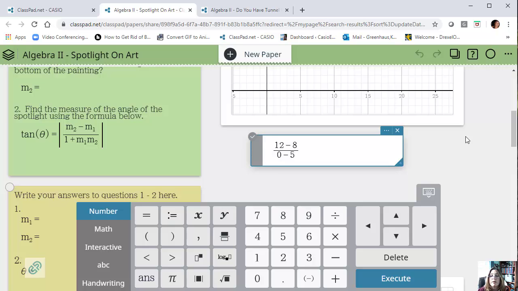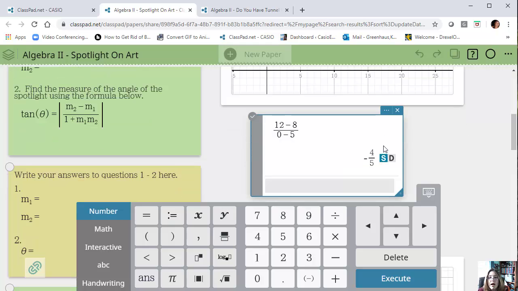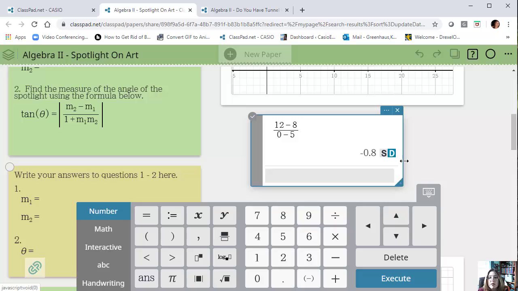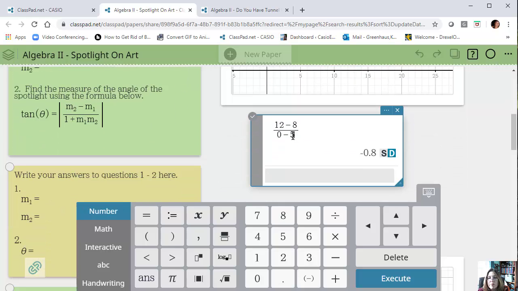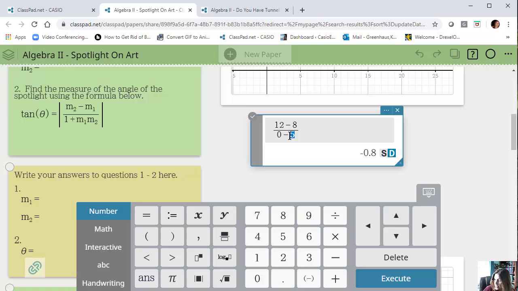When I hit execute or enter, I get my slope, which in decimal form is 0.8. Okay, this is the coordinates of my light, and these are the coordinates of my painting at those different points. Oh, I think I did that wrong, didn't I? Because I was still on the top. I didn't mean to use the bottom here. So let's go back. The nice thing is if you make a mistake, those coordinates were 20, right? Yeah, there we go, 20.